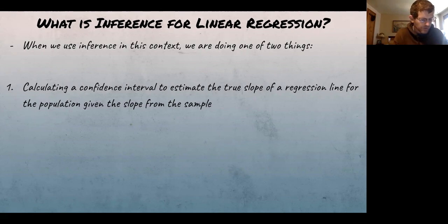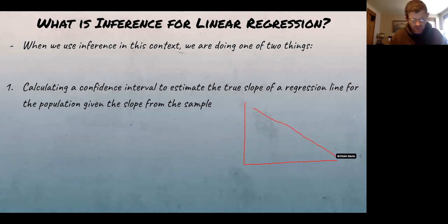If we're going to create a confidence interval, let's think through this a little bit. I've got a scatter plot. This is a sample drawn from the population, and I can easily plug those numbers in and come up with a regression line that goes through it. Now, this is not the entire population. This is a sample that I've drawn.